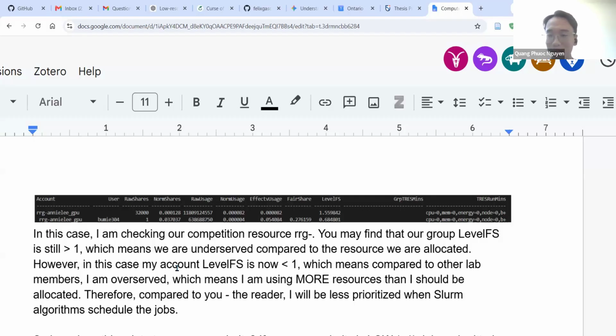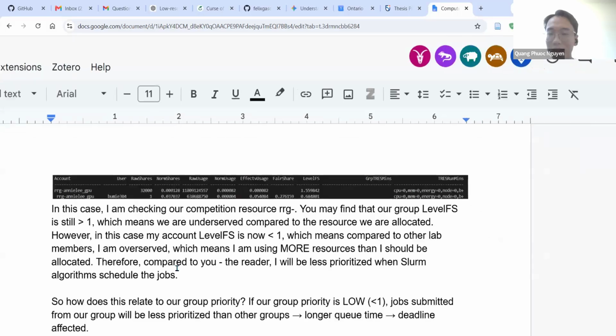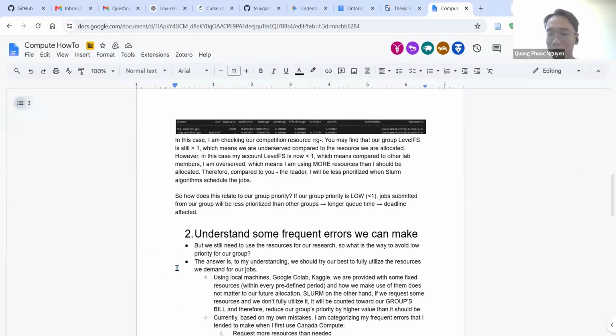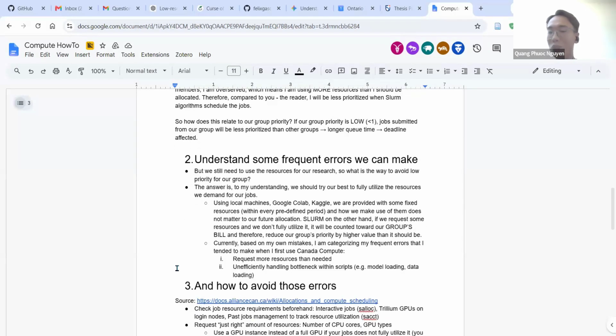So we should try to efficiently make use of our resources as much as possible and avoid requesting more resources than we need for each of our jobs submitted to Canada Compute.